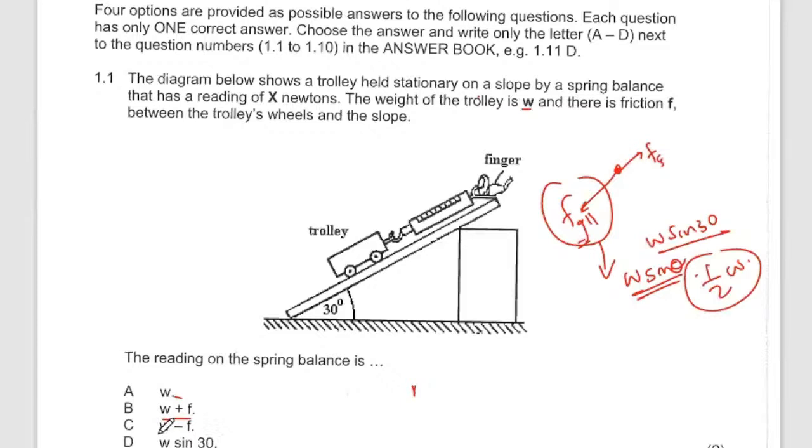W minus F still doesn't make sense, because remember they have to be equal to each other, which means if there's any subtraction, there's an addition that's taking place, everything must just reduce to a 0. And the last one, W sine 30, is only representing the FG parallel. So this question doesn't seem to have any correct option. None of the options are correct for 1.1.